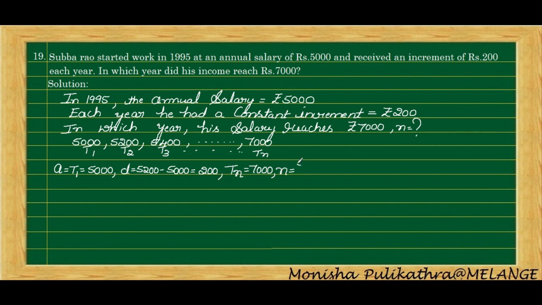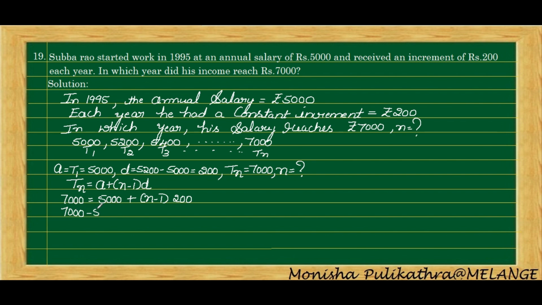We need to find how many years, or in which year, he gets 7,000 rupees. Apply the Tn formula. Tn is equal to A plus n minus 1 into D. So Tn is the last term, that is 7,000, is equal to A is 5,000 plus n minus 1 into D is 200.